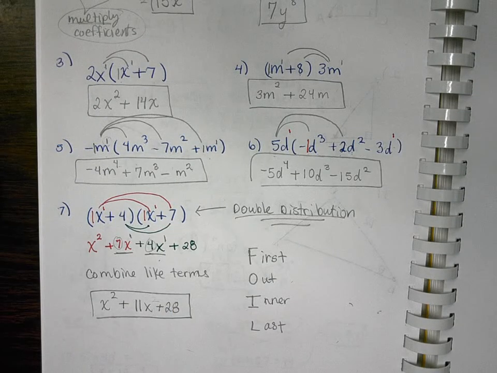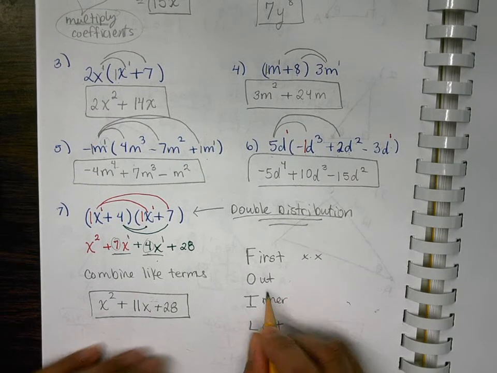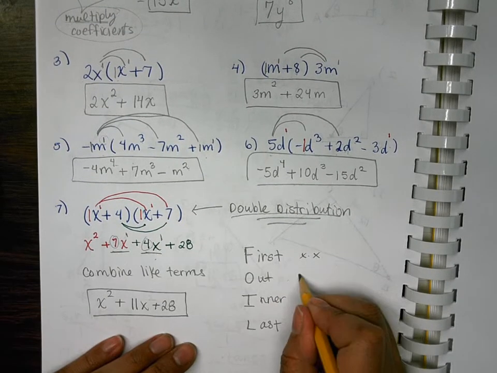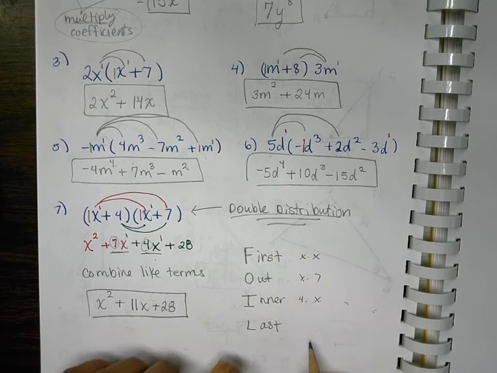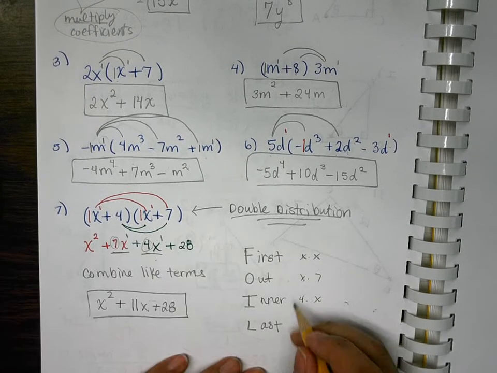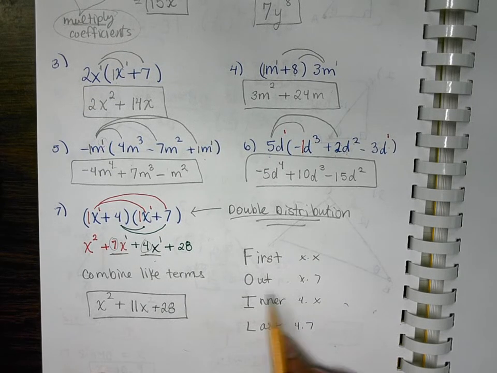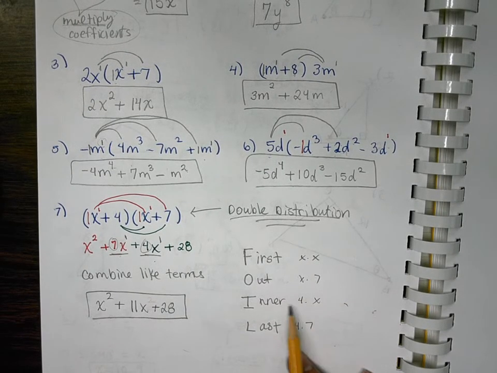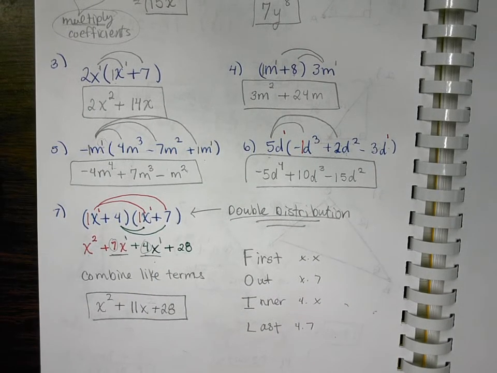Got it? And I will have kids do it that way. I've seen kids, the way they were taught, first they took the first terms, x times x. Outer is 1x times 7. Inner is 4 times x, and last is 7 times 4, or 4 times 7. And they would put x times x is x squared, x times 7 is 7x, 4 times x is 4x, and 4 times 7 is 28.